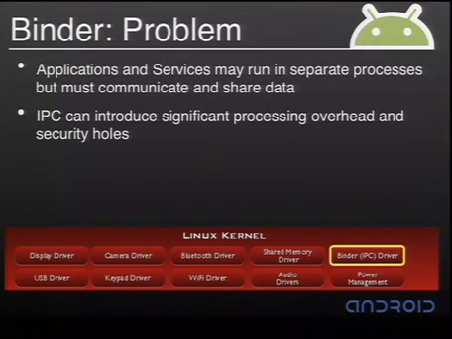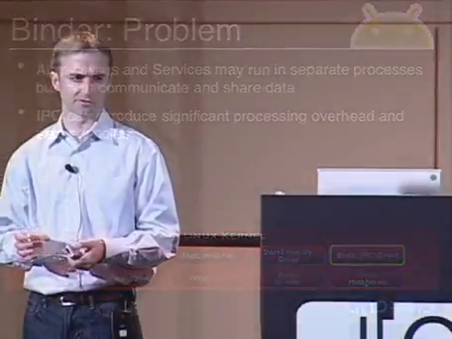Okay, Binder. So why do we need Binder? Well, on Android, as you may have learned in some of the earlier sessions today, and if not, you can read about this online or in some of the follow-on talks at Google I/O, applications and services may run in separate processes. So we start all of the applications in separate processes on Android.